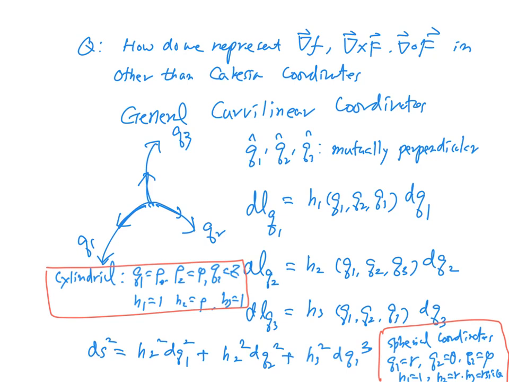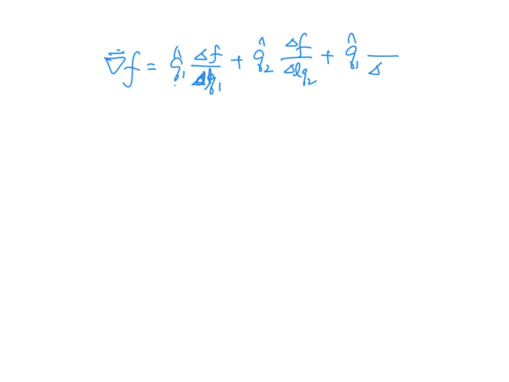So the gradient is easy. The gradient of f is actually q1 direction, delta f over delta L q1, q2 direction, delta f over delta L q2, q3 direction, delta f over delta L q3.